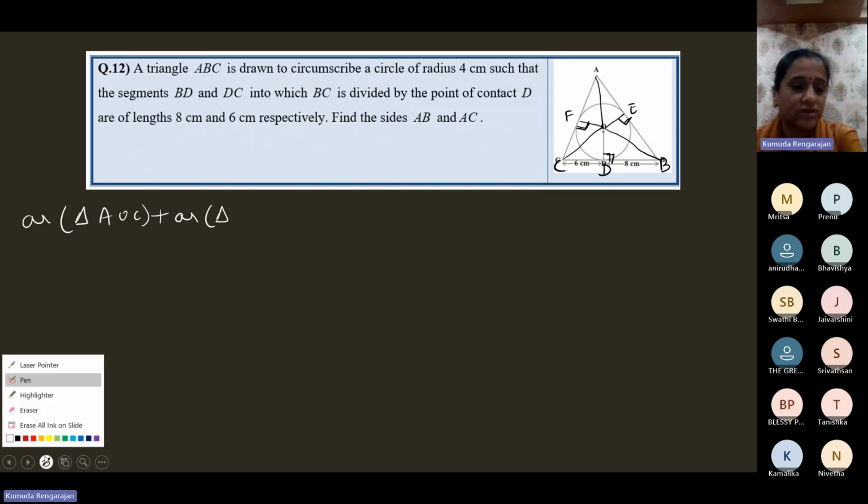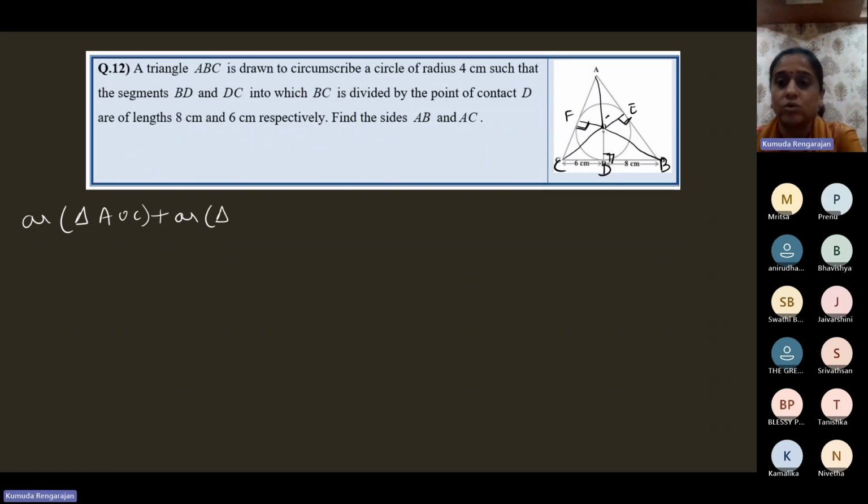Now the equation is: area of triangle AOC plus area of triangle BOC plus area of triangle AOB is equal to area of the whole triangle ABC.